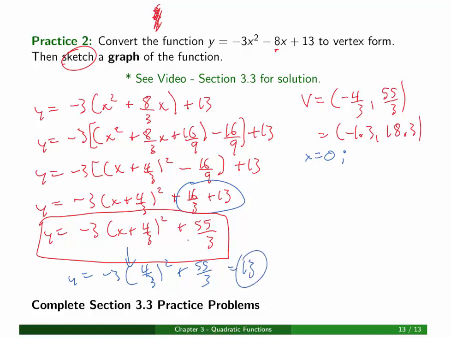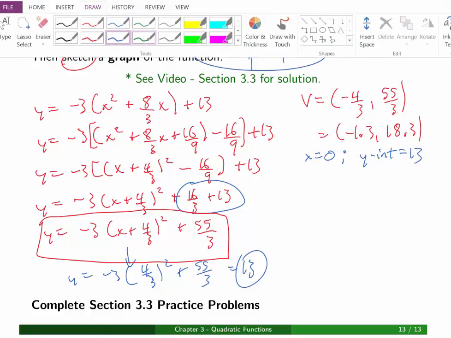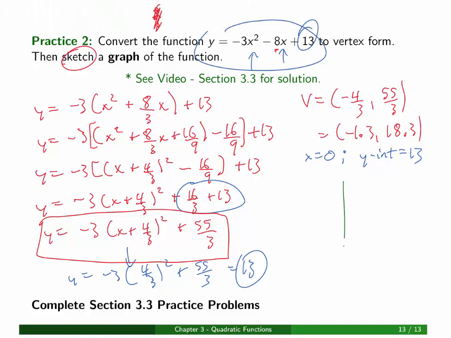Kind of annoying to plug into vertex form, but why not just plug into your original equation? See, if you put in 0, that kills off this term, and you're left with your y-intercept. In other words, just use the y-intercept is basically what I'm saying here. Remember, that's what you do when you have x equals 0. So y-intercept equals 13.